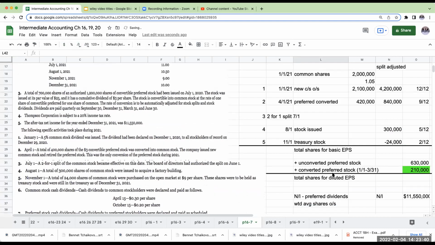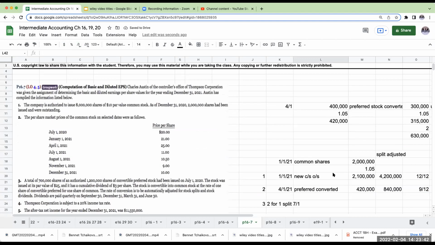However, I now need to figure out what the preferred dividends were. So for this one here, we're going to kind of ignore the splits because everything would be subsequently adjusted. So don't worry about it. Just look at it in terms of the split. So right over here, the 700,000 shares.